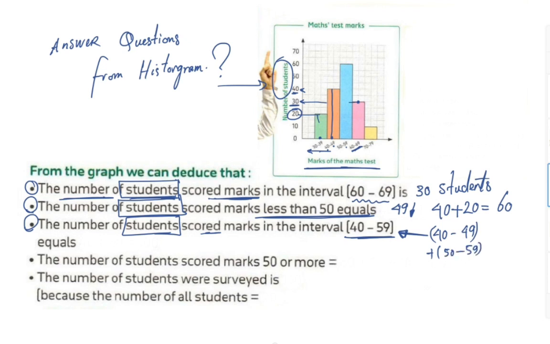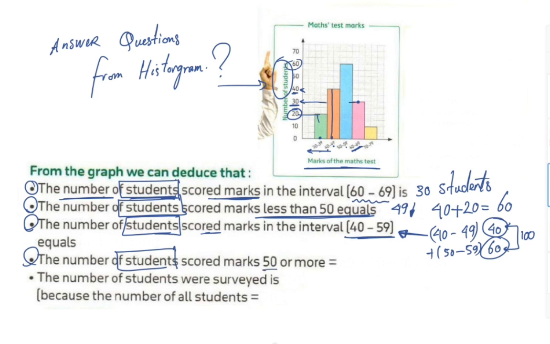From 40 to 49 we have 40 students. From 50 to 59, this blue, we have 60. Now the students who scored marks between 40 and 59 will be 100 students.